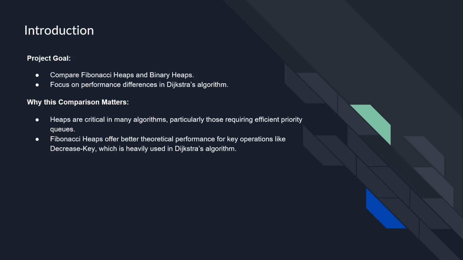While Fibonacci heaps offer better theoretical performance for certain operations, binary heaps are widely used for their simplicity. This comparison is crucial for understanding how these data structures impact algorithms' efficiency in practical scenarios.